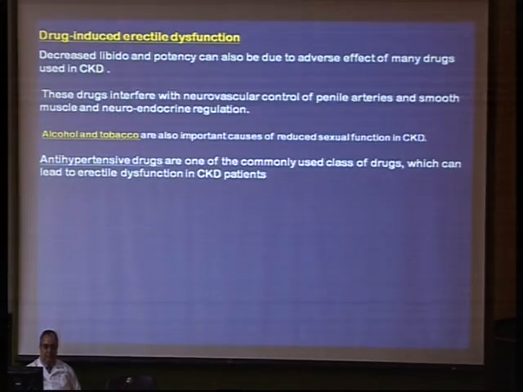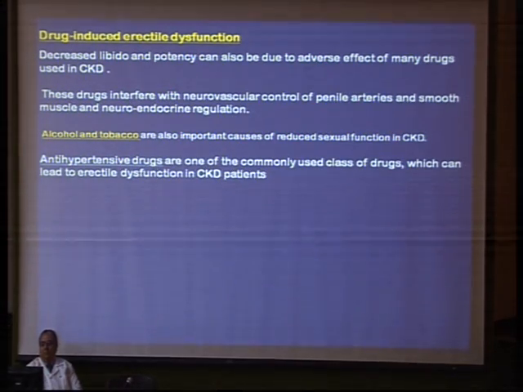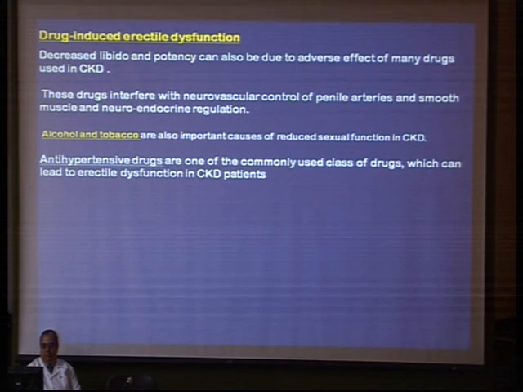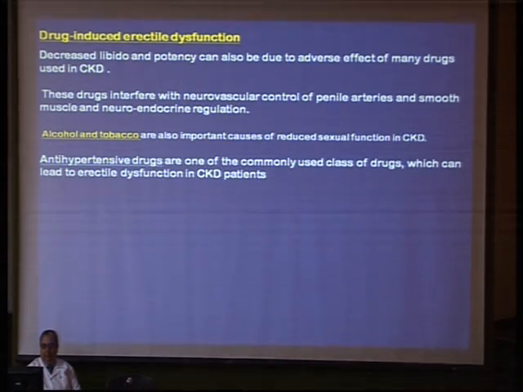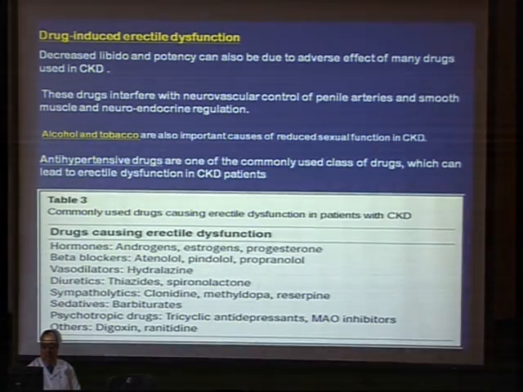Drug-induced erectile dysfunction is also important, as many drugs can cause this problem. Decreased potency can also be due to adverse effects of drugs in CKD, and these drugs interfere with the neurovascular control of penile arteries and smooth muscle and with neuroendocrine function. These drugs are mostly antihypertensives like beta blockers, atenolol, propranolol, and so on.